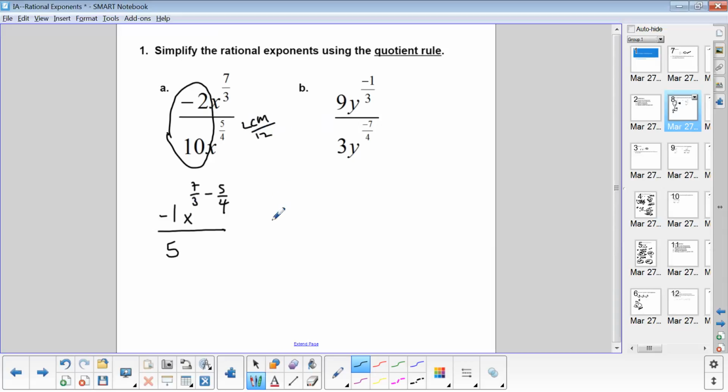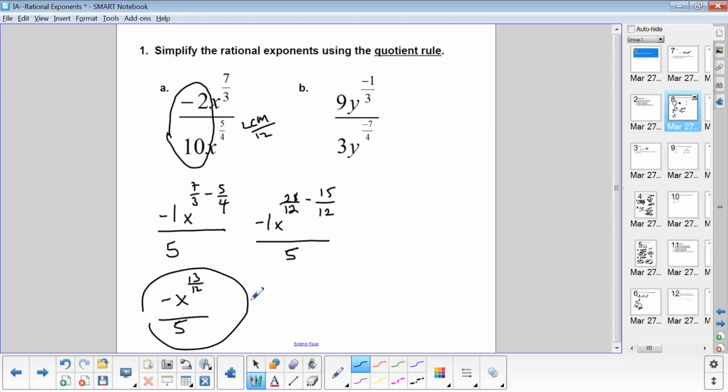So we've got negative 1 times x to the 28 twelfths minus 15 twelfths, all divided by 5. So negative x, 28 minus 15 is 13 twelfths, all divided by 5.